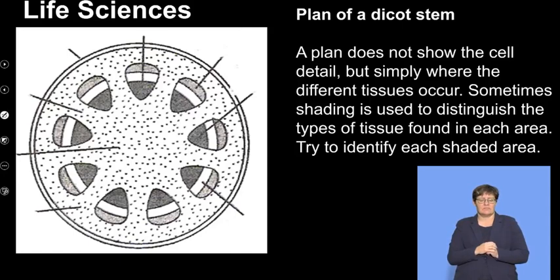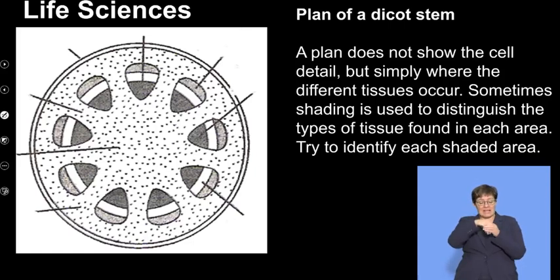Often it's easier to look at a plan diagram which shows you where the different types of cells are found without actually giving you any detail of what the cells look like. This diagram is a simplified diagram showing vascular bundles inside the plant stem.